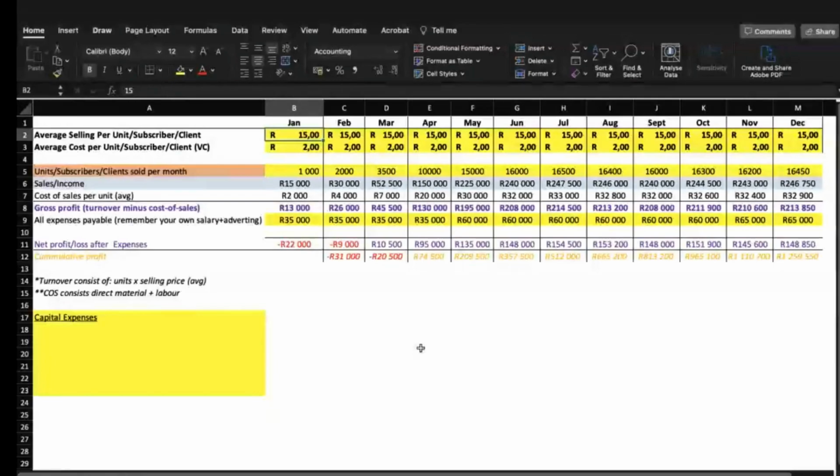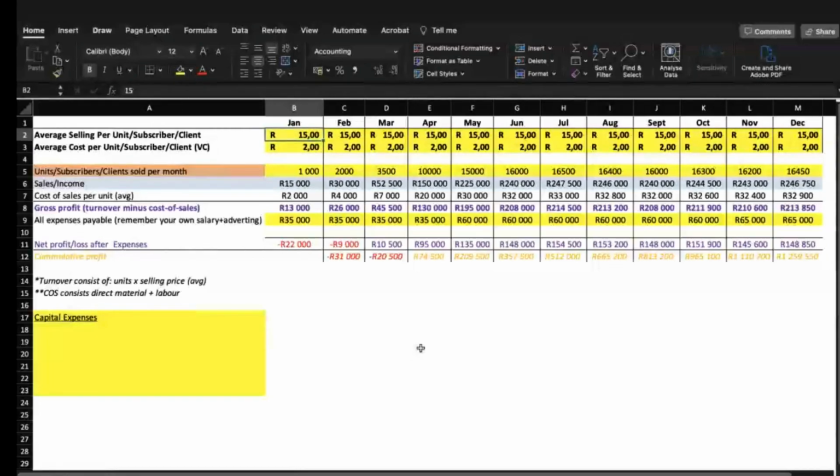And that can be a revenue per subscriber, or revenue per customer. If you've got a service business, how do you calculate your cost per client? Then you'll have to look at a simple projection. You look at how much revenue you have per month, and how many clients you have per month, and then you divide by the number of clients, and then you have your selling price per unit, or per client, or per subscriber.